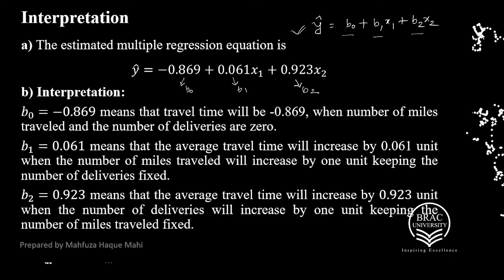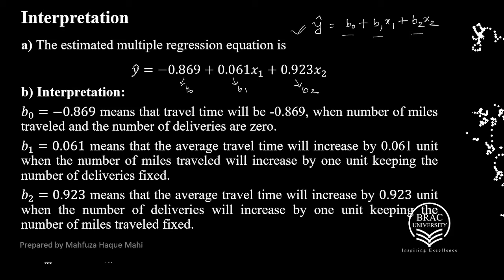Now we have to interpret the regression equation. The value of B0 equal to minus 0.869 means that the travel time will be minus 0.869 when the number of miles traveled and the number of deliveries are 0. B1 equal to 0.061 means that the average travel time will increase by 0.061 unit when the number of miles traveled increases by 1 unit, keeping the number of deliveries fixed.